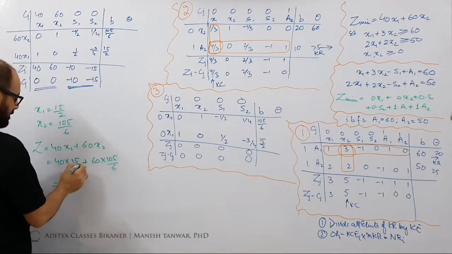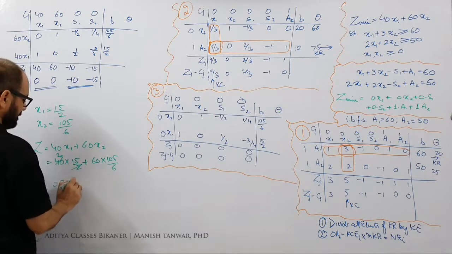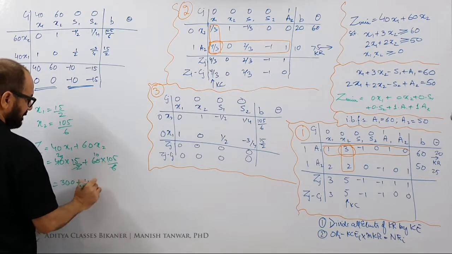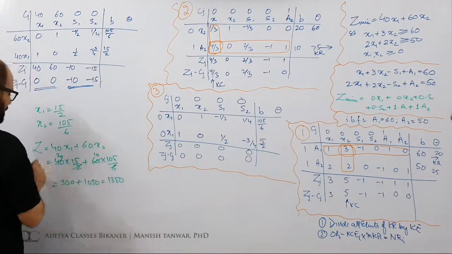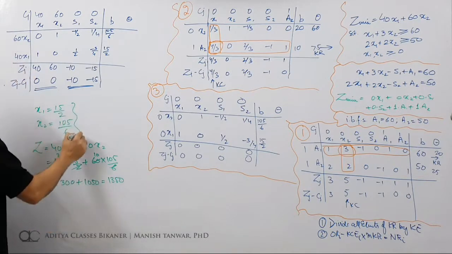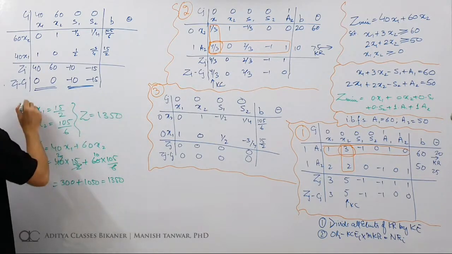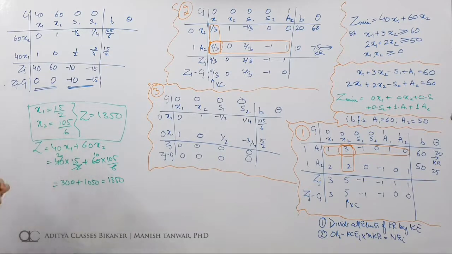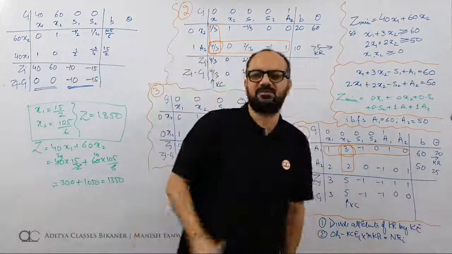If you further solve it, you get 20, making it 300. This becomes 10, making it 1050, making it 1350. So I get the value of Z of 1350. This is my minimum possible solution for 40x1 plus 60x2.